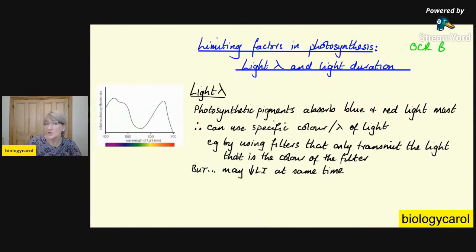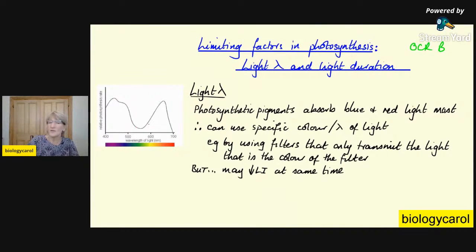So it means that you can illuminate plants with a particular wavelength. But here's the but. Obviously, if you put a dark red filter over light, it's also going to decrease the light intensity. And that could also very easily occur with a blue or purple filter. Hopefully that makes sense, and it's worth noting that.